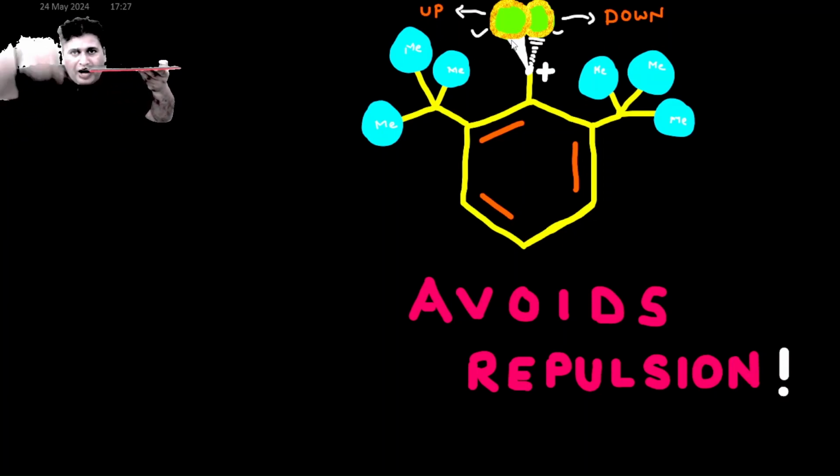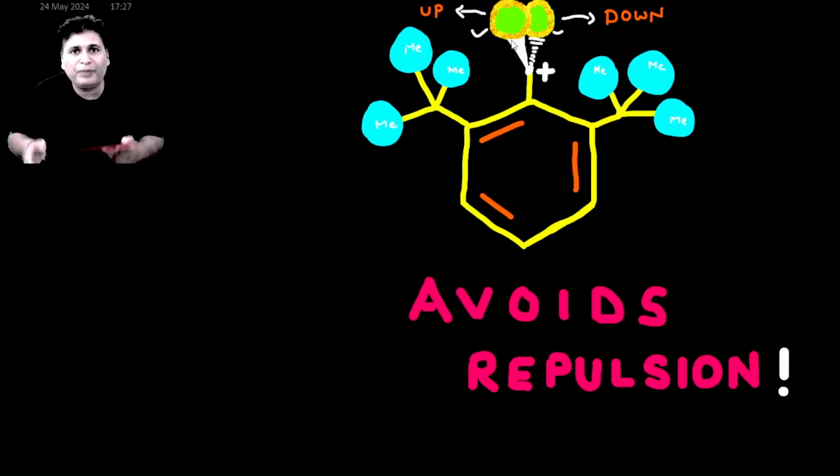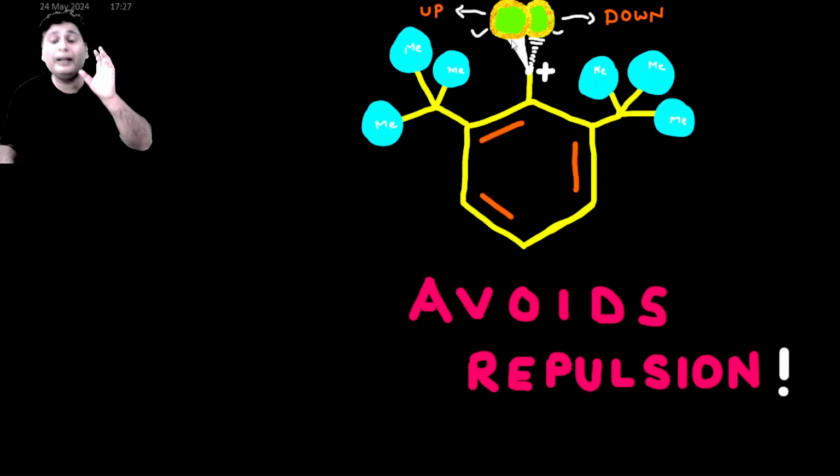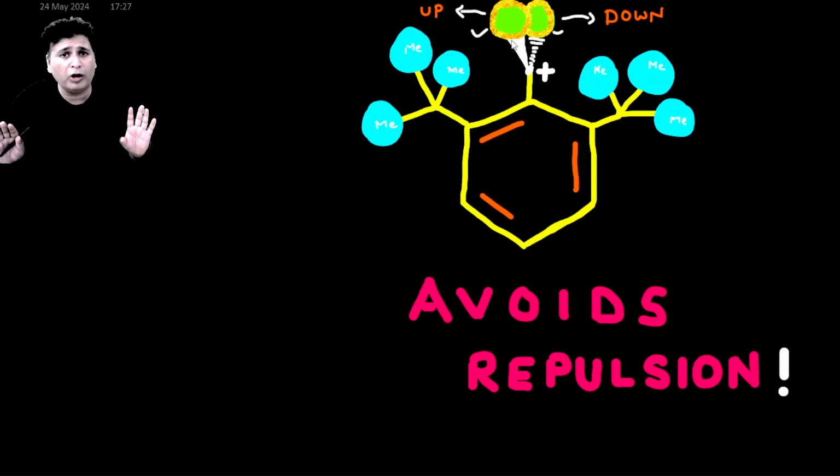So the plane of the carbocation now becomes perpendicular, orthogonal to the plane of the benzene ring. And how does it help the carbocation? It helps in reducing the steric repulsion, because there was lots of repulsion in the molecule because of their sizes. So it had to change its plane.